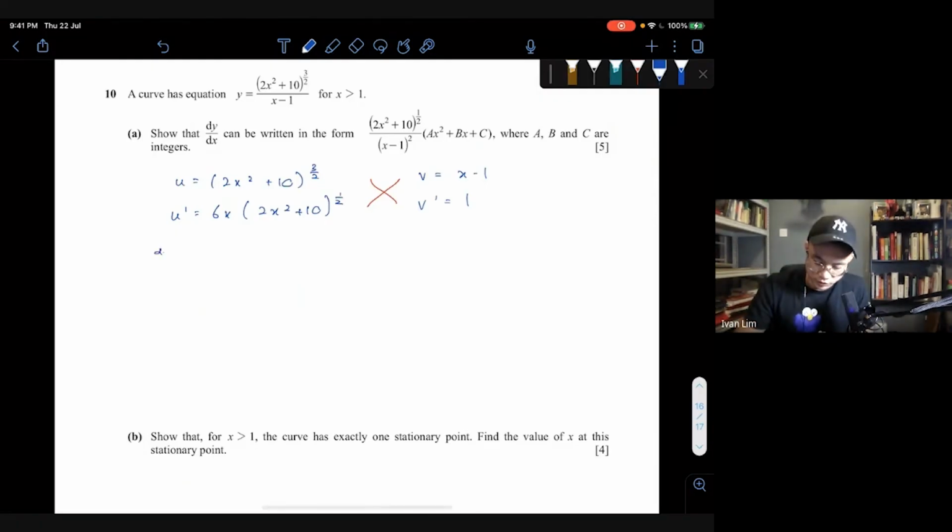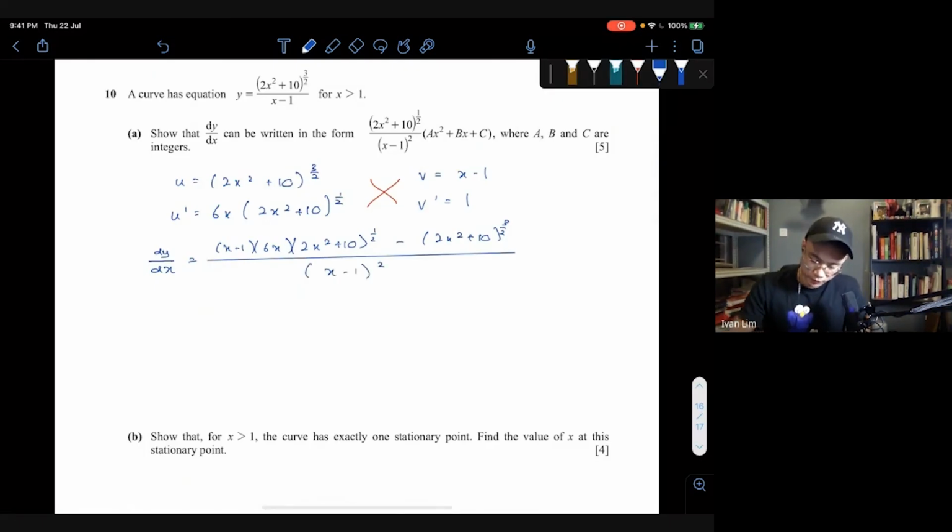So dy/dx equals (x minus 1) times 6x times (2x squared plus 10) to the power of half, minus (2x squared plus 10) to the power of 3 over 2 times 1, over (x minus 1) squared.